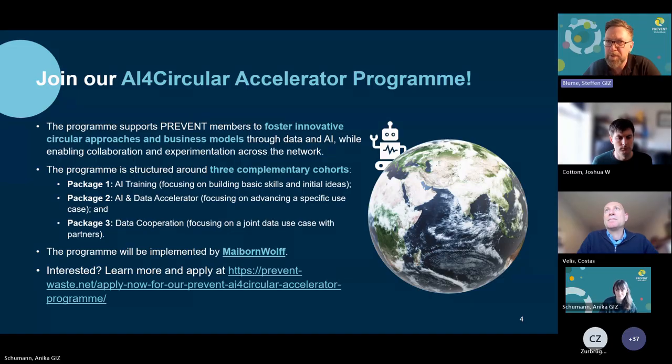Marine litter could be one use case, and I think the more use cases and the more members apply with their data and their solutions, the more likely it is that this one could be prioritized in that accelerator program. Just as a little reminder on that one.